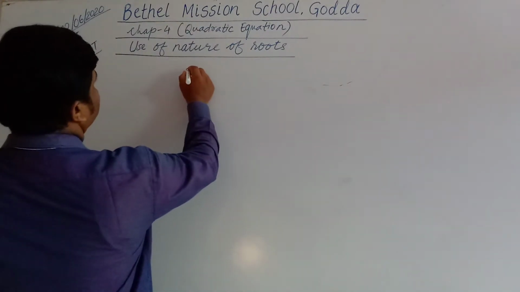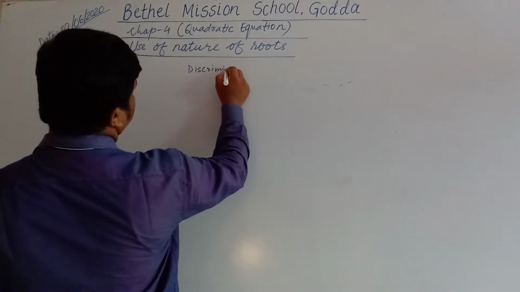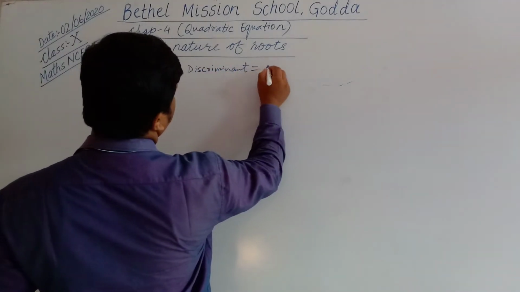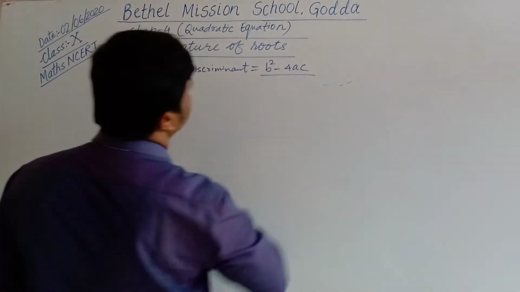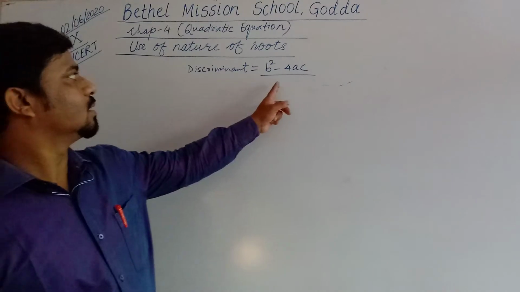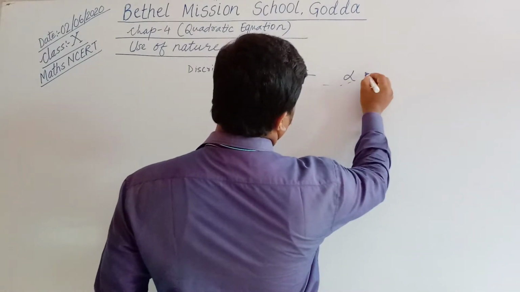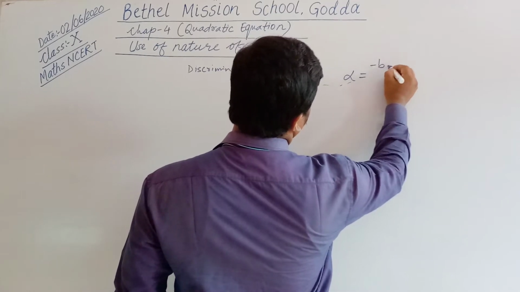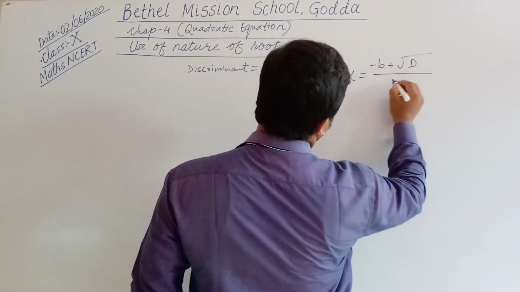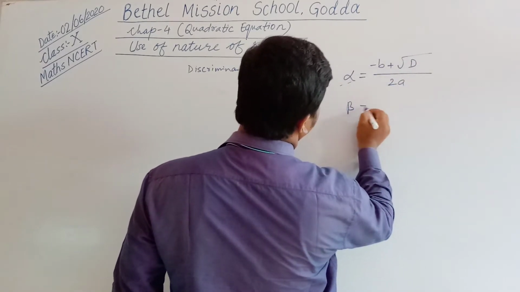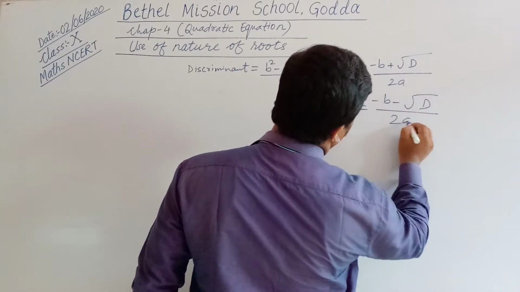So the discriminant D is equal to b square minus 4ac. This is the discriminant, because there are two roots: alpha equal to minus b plus under root D upon 2a, and beta is minus b minus under root D upon 2a.